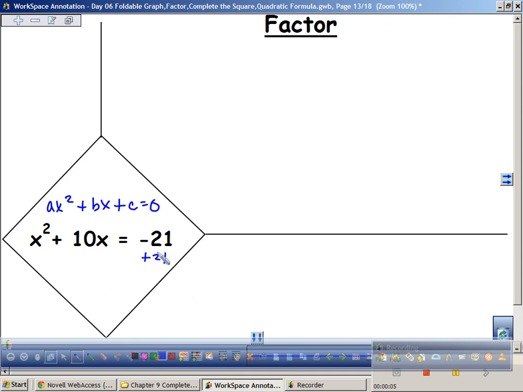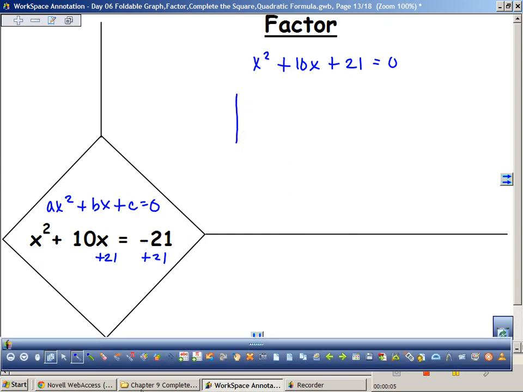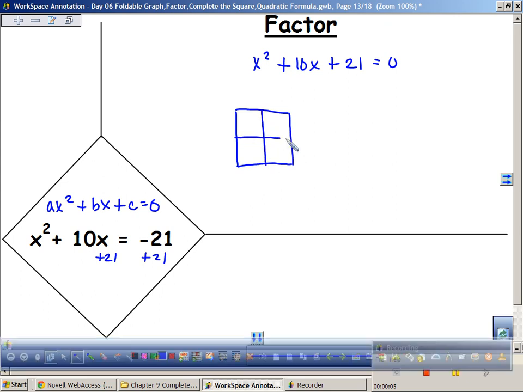So when I add 21 to both sides, I now have x squared plus 10x plus 21 equals 0. What do I do with this? Let's draw my box a little bit further down. We are going to factor it using a box.